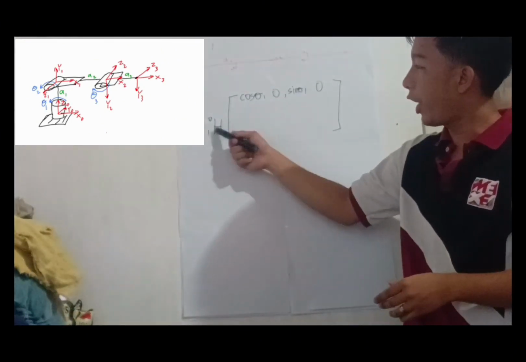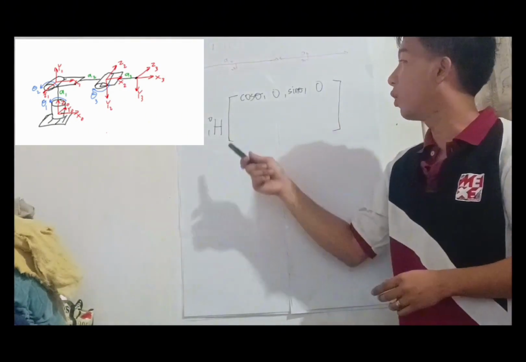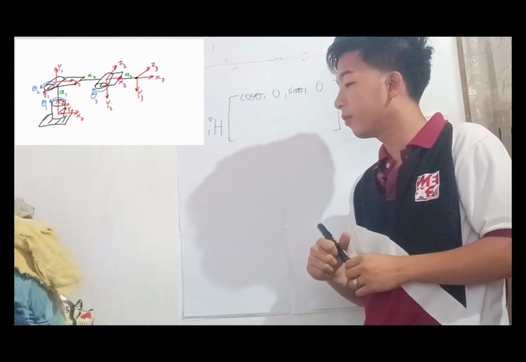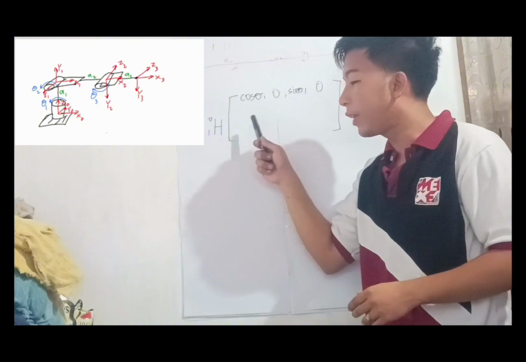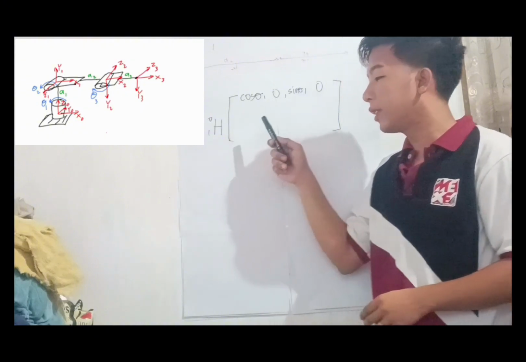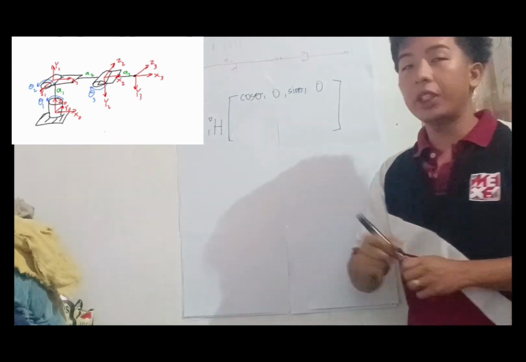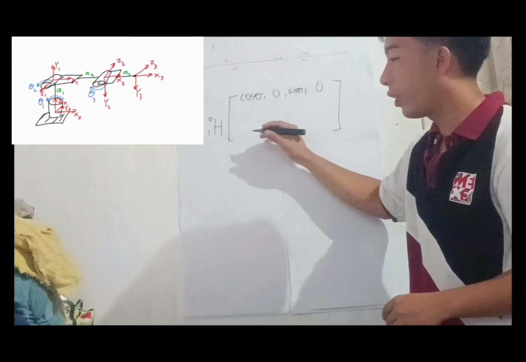So, this is the H01 homogeneous transformation matrix. Let's proceed to the second row. Sin theta 1 represents the sine of the first joint. So, this is sin theta because it consists of the first joint.